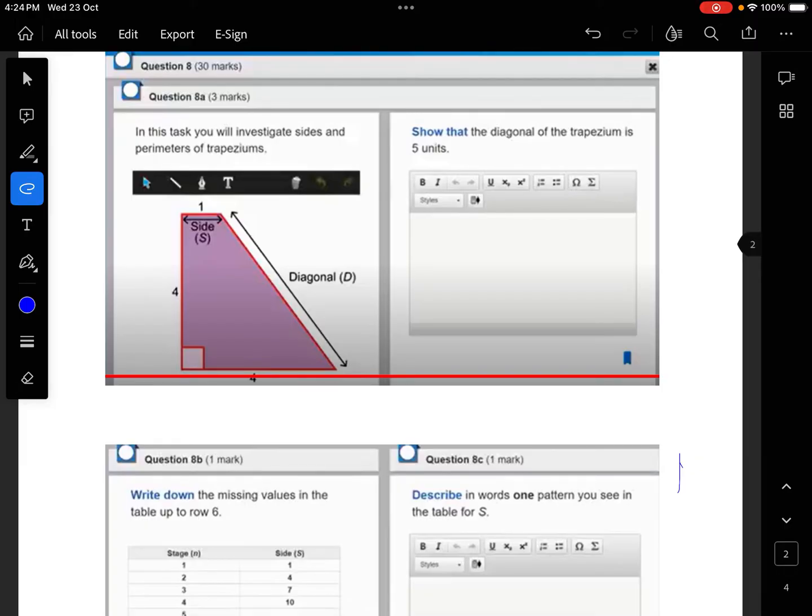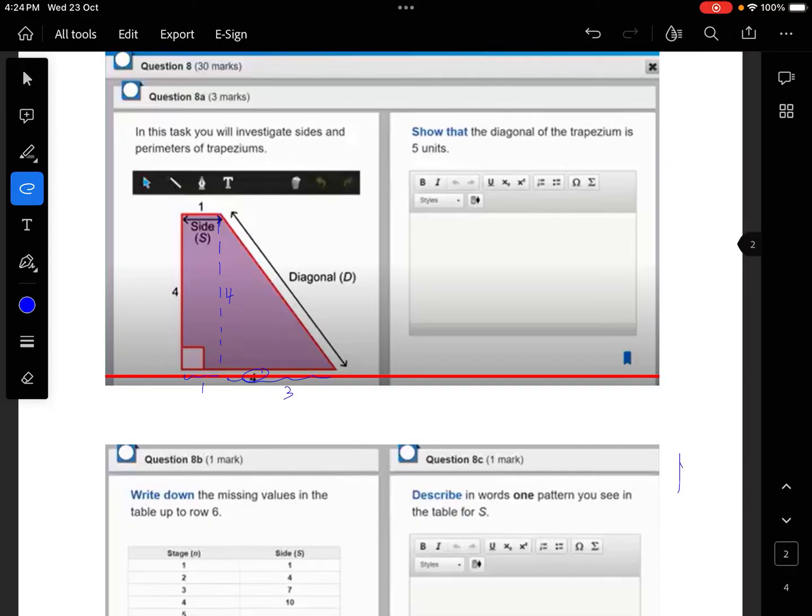If I draw an imaginary line here, this gives me 4 units. If this is 1 unit, this has to be 3 units, because the total length of the base of the trapezium is 4 units.